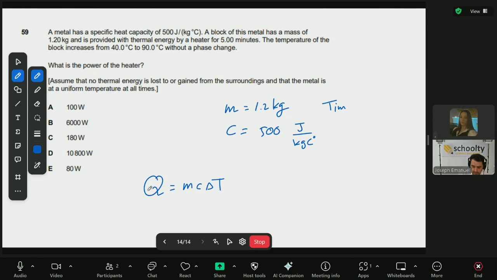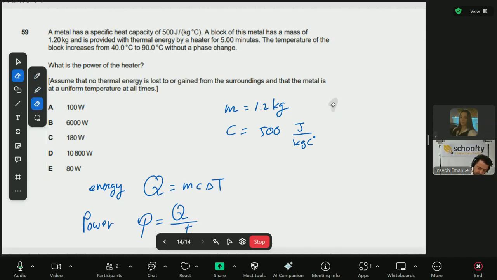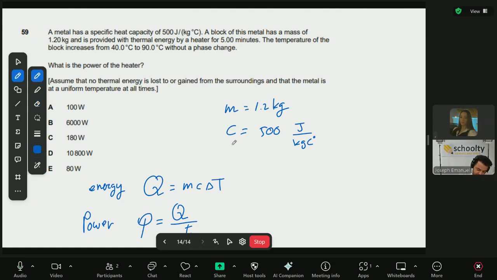Delta T is the temperature. We need the energy and the power. What is power? Power is energy by time. So time we will use also, but for the other equation. So time is 5 minutes.